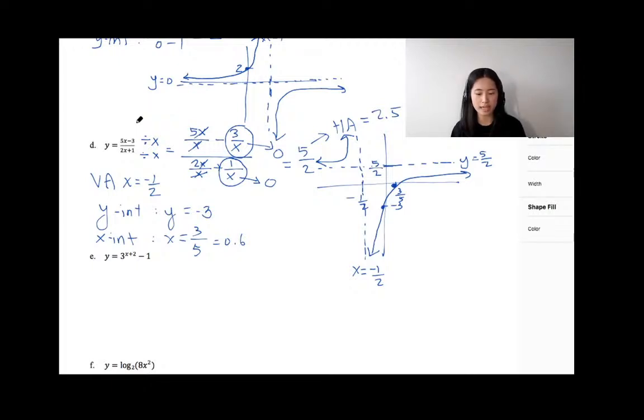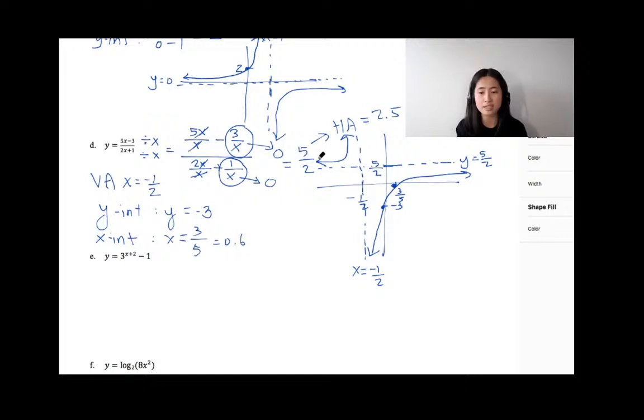If you plug in negative 3, which is before negative 1/2, because you want to observe what happens to your function as you go to the left side of negative 1/2, you can do a test run. If you plug in negative 3 here, or any number, it could be negative 5, as long as it's before negative 1/2, you're going to see that your y value, if your x is negative 3, is a positive number, which is 3.6.